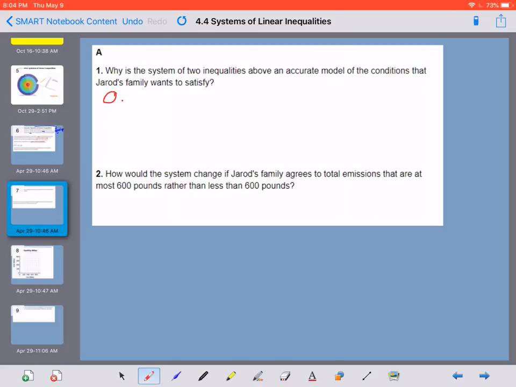So 0.75C plus 1.25S is less than 600. That's going to give us our total emissions.